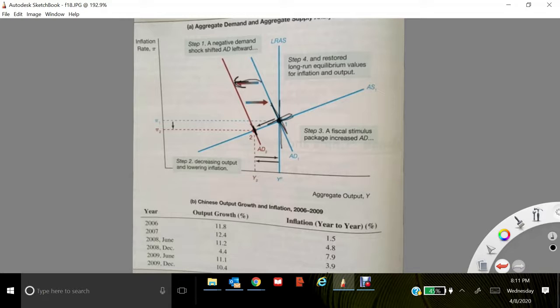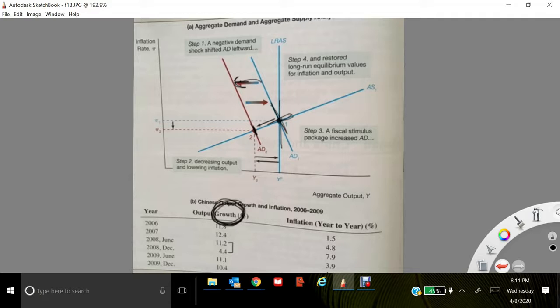So we get this fall in output in China here, growth. This is not unemployment. This is growth. Output growth. Everybody works in China, I guess. Who knows?